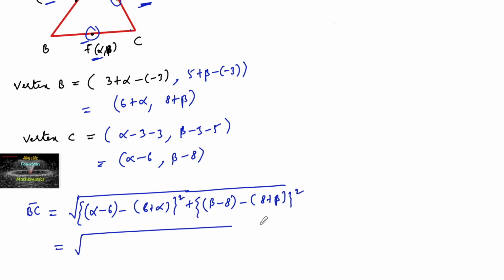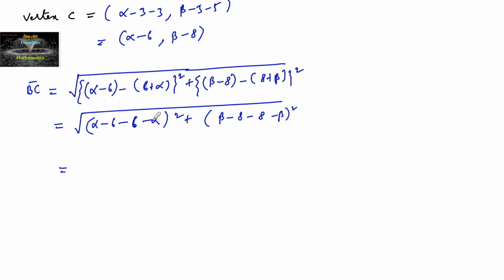On simplifying, we can write alpha minus 6 minus alpha whole square, and beta minus 8 minus beta whole square.